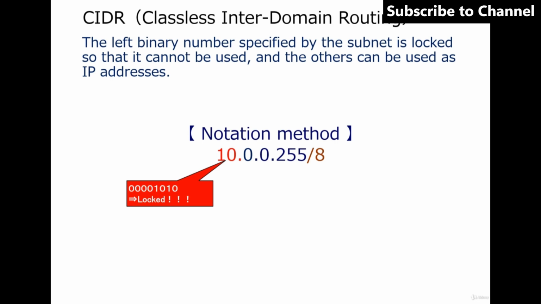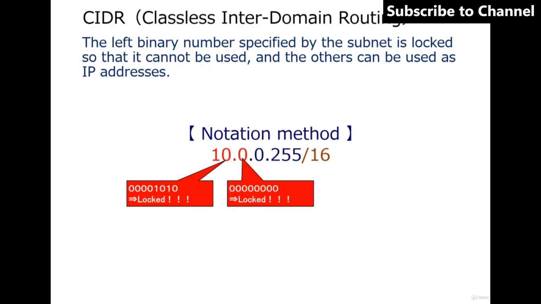By masking, we mean it locks it into place. Since /16 masks 16 binary digits, the first 2 decimals of 10.0 will be masked and cannot be used. For the remaining 0.255, you can freely set the IP address range with anything from 0 to 255.